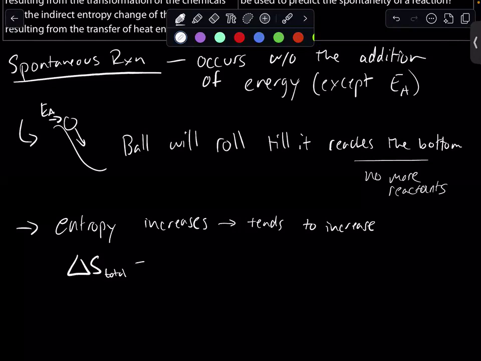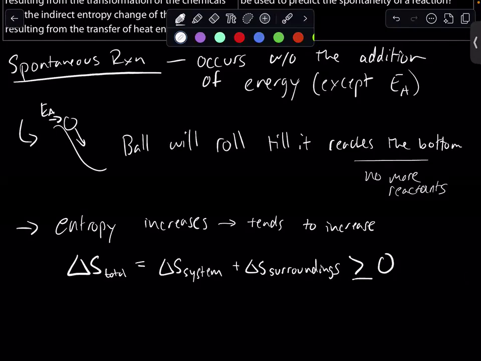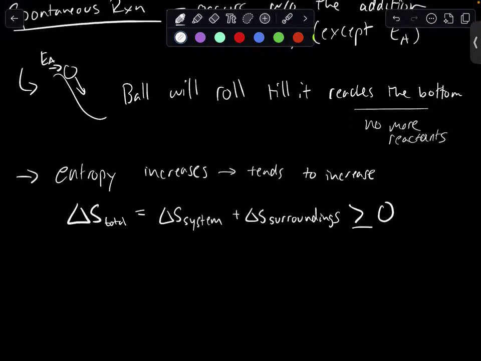So we look at the total entropy: the change in entropy of the system plus the change in entropy of the surroundings. How does this relate to spontaneity? That total is going to be greater than or at least equal to zero, because entropy tends to increase. That is that law.